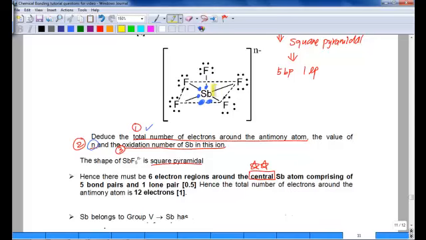So for these 2 bonds, it must definitely be a dative bond from fluorine to antimony, because antimony has no more valence electrons to form bonds. The 5 electrons have been used up in this manner, 1, 2, 3, 4, 5.